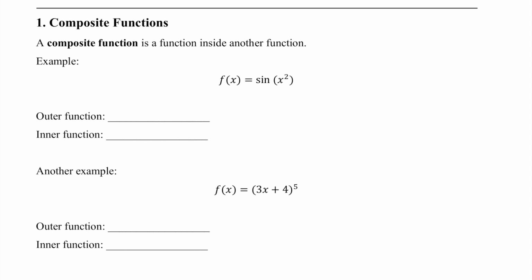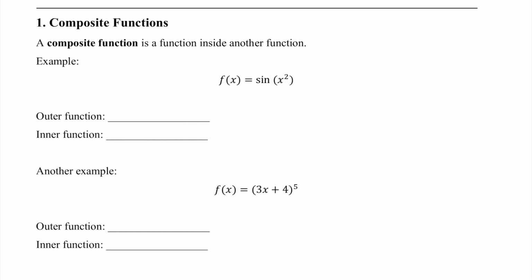Let's take a look at an example. F of x equals sine of x squared. Here we actually have two functions working together. The inner function is the expression inside the sine function, that is x squared. So the inner function is x squared, then we apply the sine function to that result.